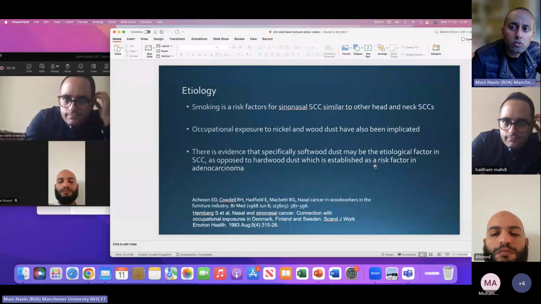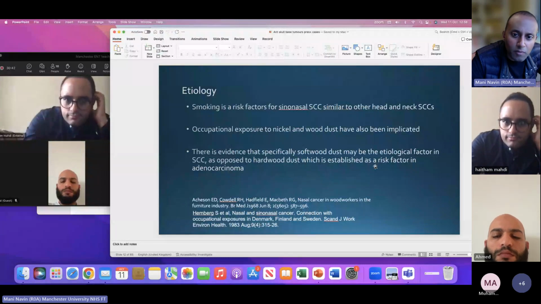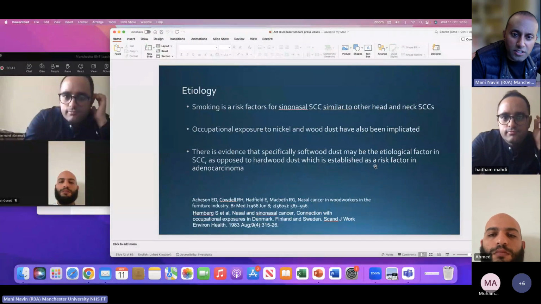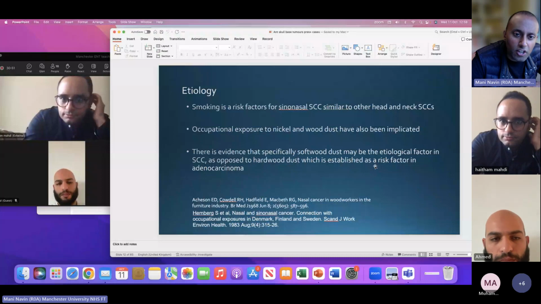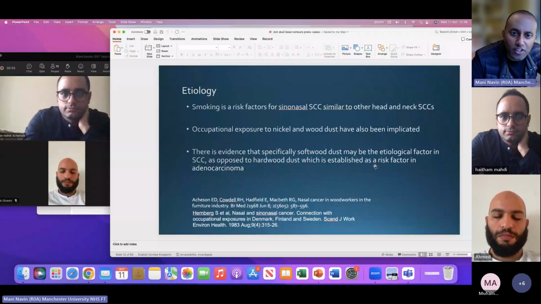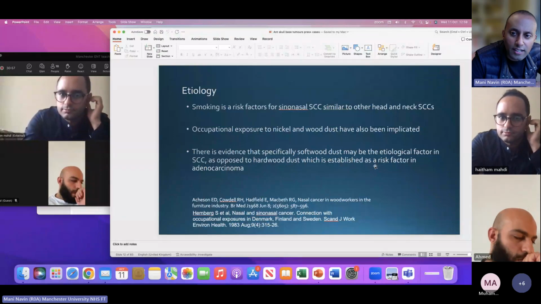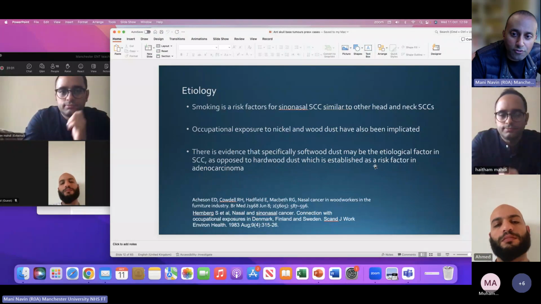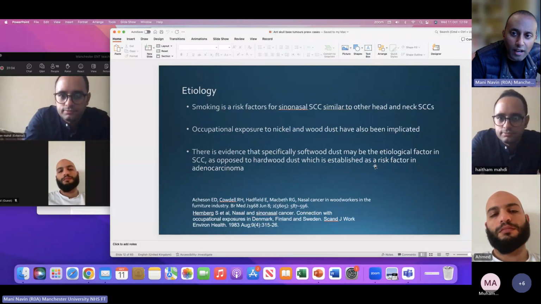We know that smoking is a risk factor, and occupational exposure. You know about this classic paper, Haytham, Acheson's paper. He was a British surgeon, published in the British Medical Journal, nasal cancer in the woodworkers of the furniture industry. That's to say that hardwood dust is a risk factor, and softwood dust, any wood dust is a risk factor for paranasal sinus cancer.